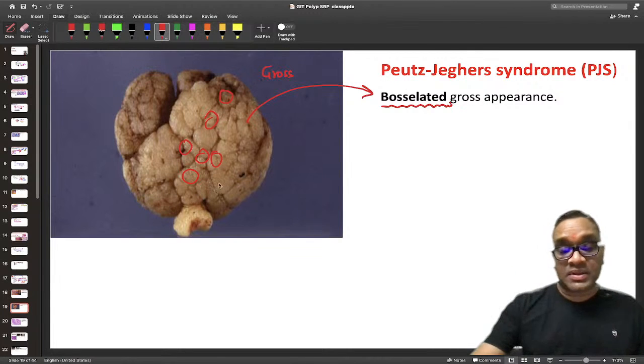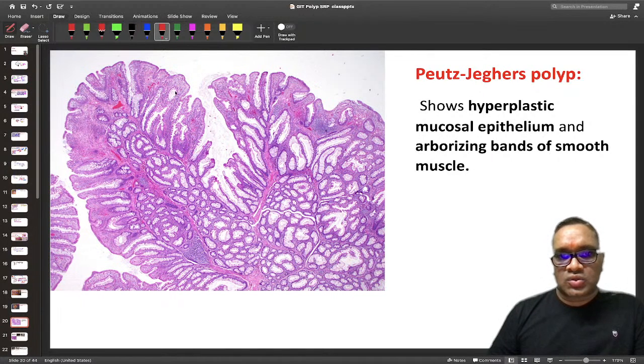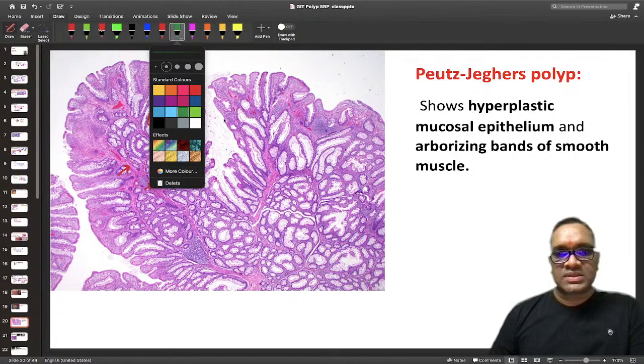Bosselated appearance. When we take the section, you can notice there are so many glands and their hyperplasia. These are all glandular hyperplasia, right? And in between you can see the smooth muscles are intersecting.